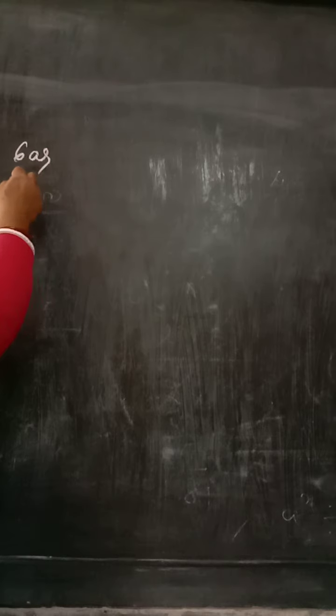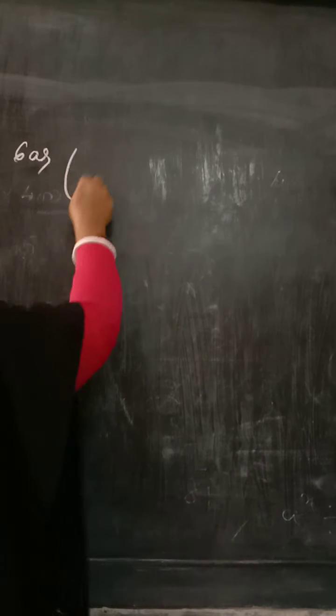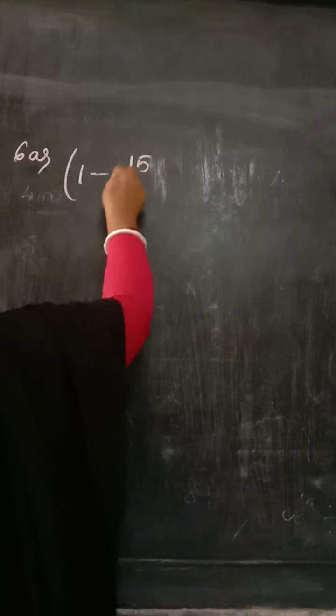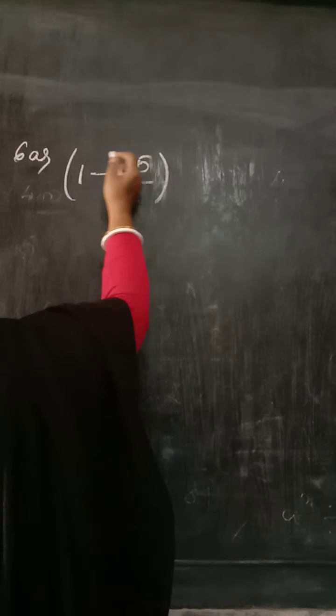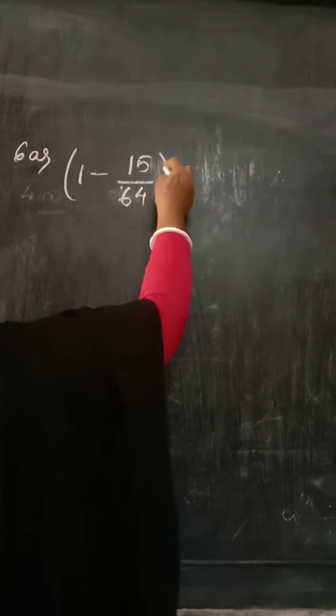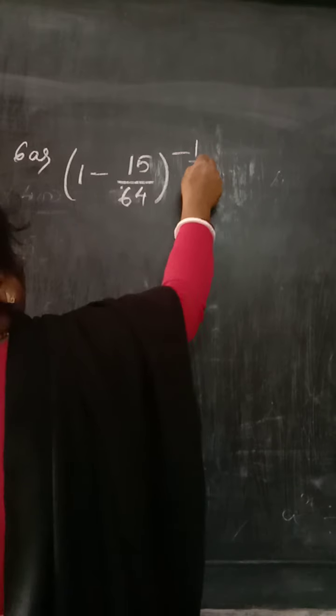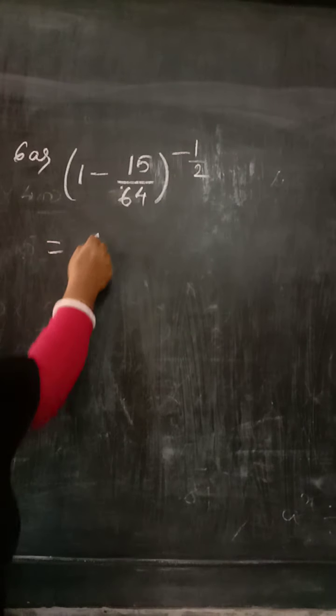Question number 6a. Question says (1 minus 15 by 64) to the power minus 1 by 2. So first of all we'll solve the bracket.